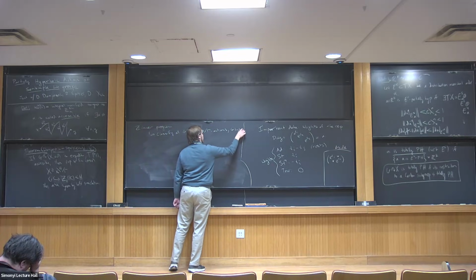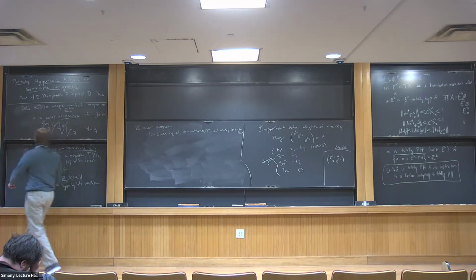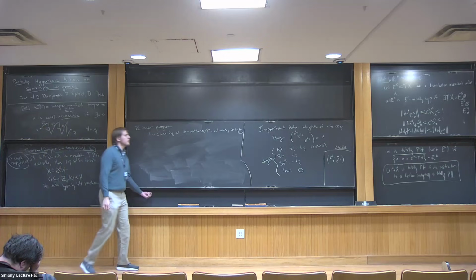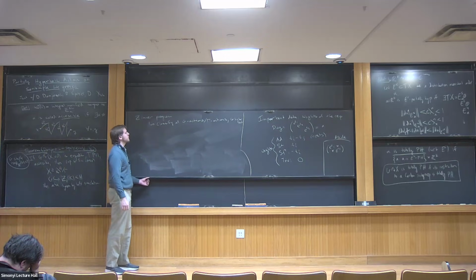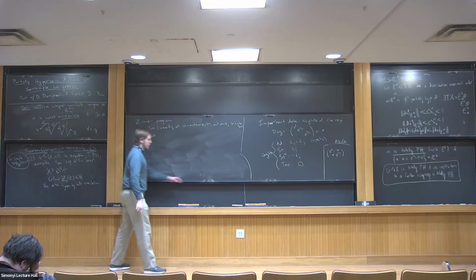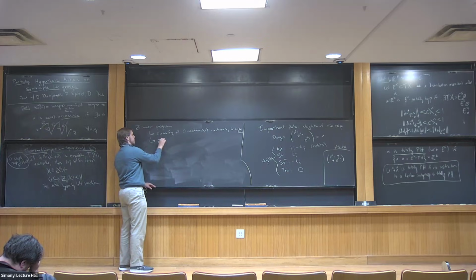And I forgot to put that here. I need the real rank of every simple factor of G. So for simplicity, let's assume that G is simple and that the real rank of G is at least 2. So the main idea that stemmed from this is Zimmer's cocycle superrigidity.